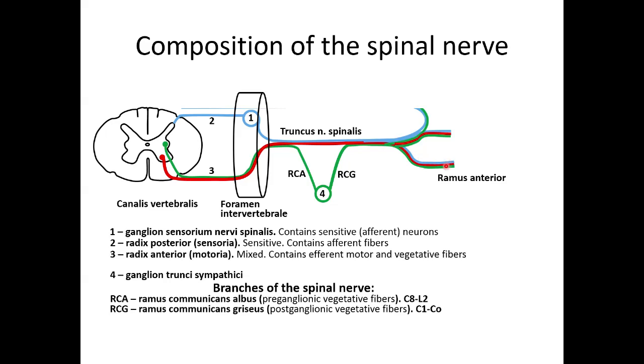There are three types of fibers inside of it: sensitive, somatomotor of red color for innervation of skeletal muscles, and vegetative, sometimes pre-, sometimes postganglionic, for innervation of smooth muscles and also glands.